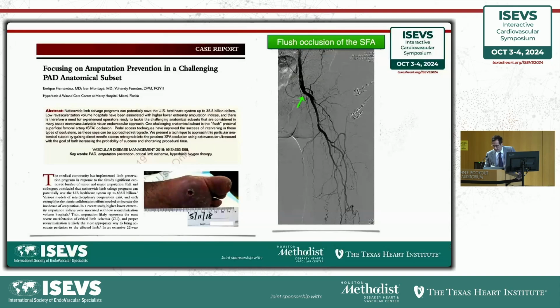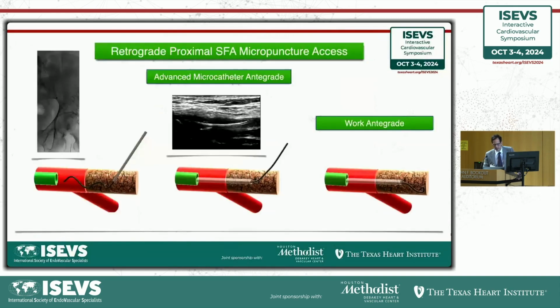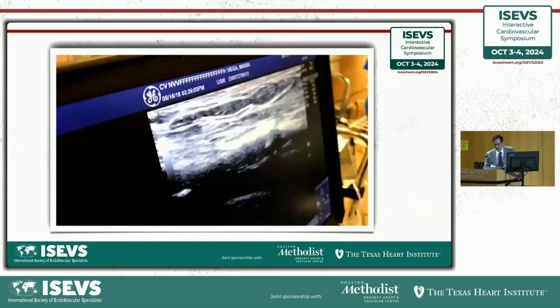Flush occlusions of the SFA may present as challenging anatomy. I have on several occasions gotten access directly in the proximal SFA occlusion and advanced my wire retrograde into the sheath, then externalized the wire and worked from antegrade up and over.